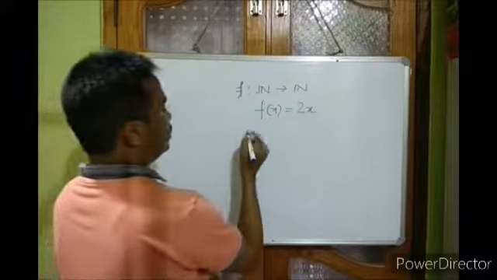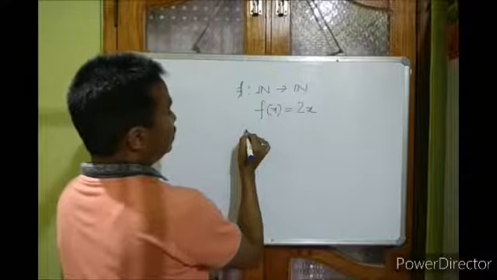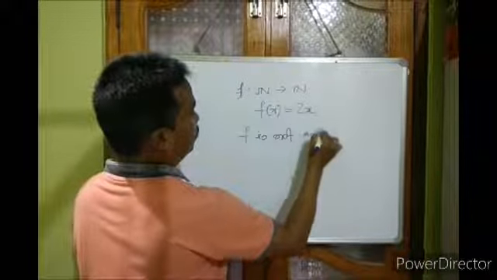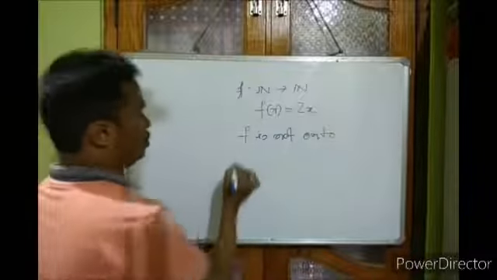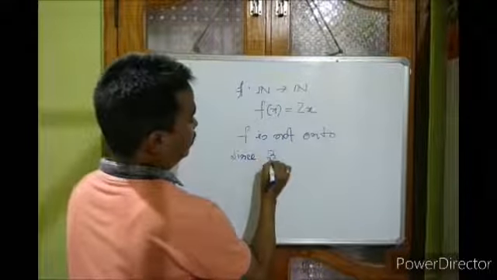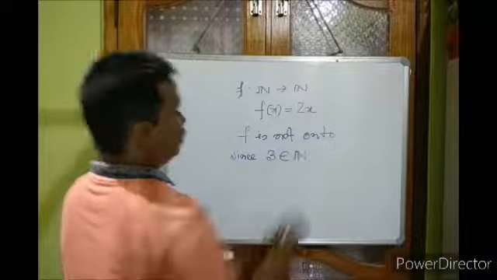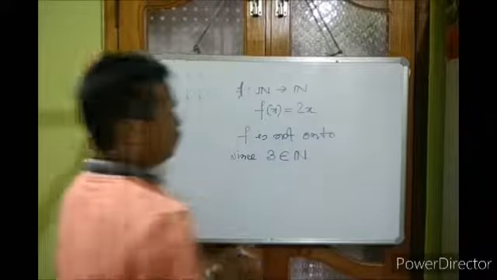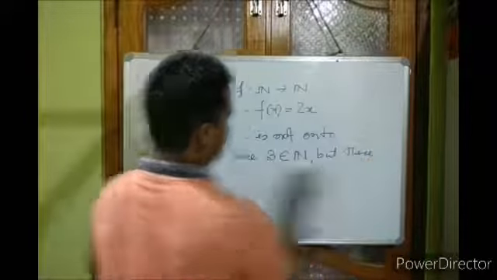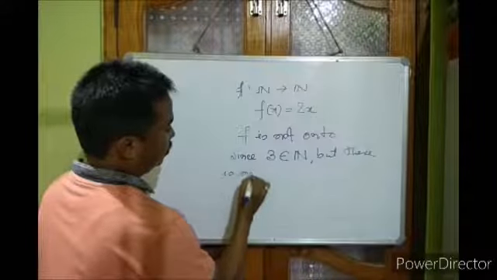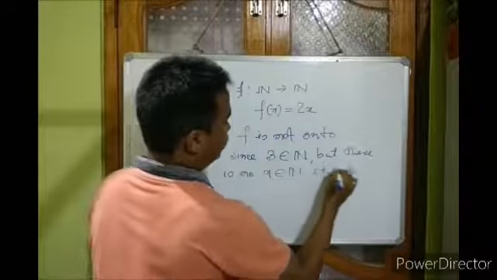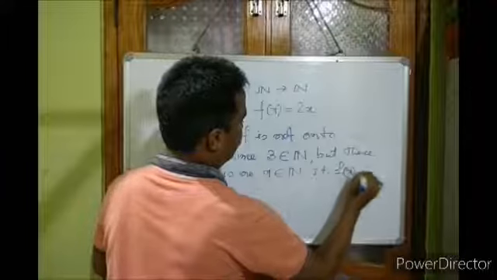We write like this: f is not onto. Since we take any odd number, say 3, belonging to N, but there is no x belonging to N such that f(x) equal to 3.